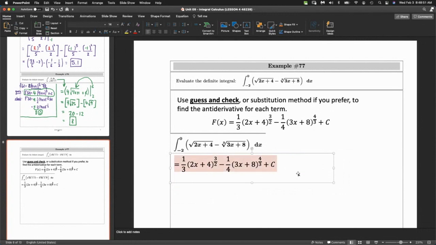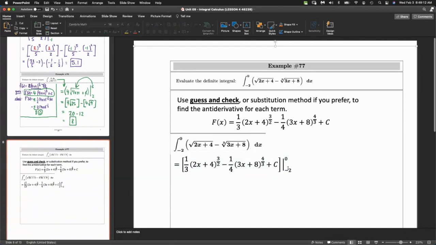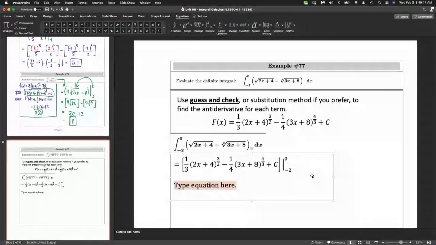And we're going to evaluate this expression from -2 to 0. Like that. As you can see, I'm using the keyboard here because this one is really long to type otherwise. So we're going to plug in -2 into this. The C cancels, so I'm not going to write the C down. So what do you get if you plug in -2 here?